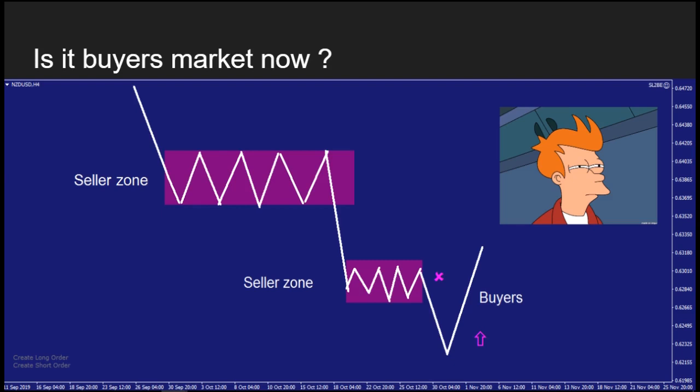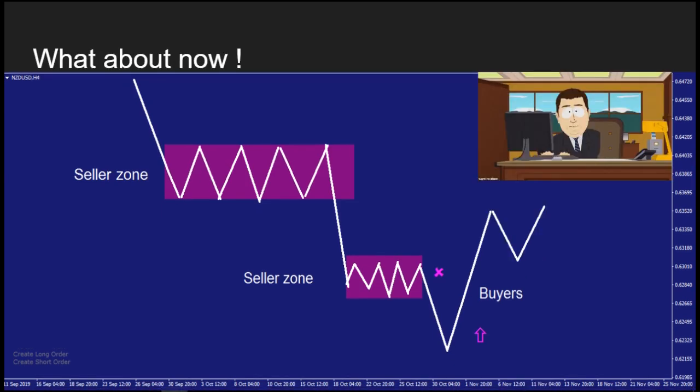Now, what about now? Well, I see the buyers have already started to make a kind of zone. They took out this territory, they come here, and they are creating some sort of a zone.